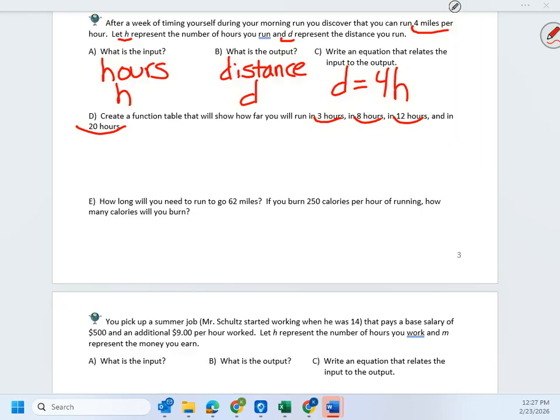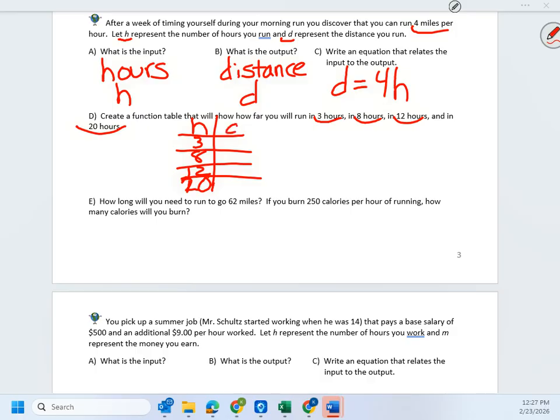When you are trying to figure out that input, look down to what you're putting into the function table. It's telling us right here we're putting in hours. So that's my big clue that that's my input. It's telling me different hours, so that's the X, or in this case, the H. So I have 3, 8, 12, and 20. That's the input. They're giving us the input.